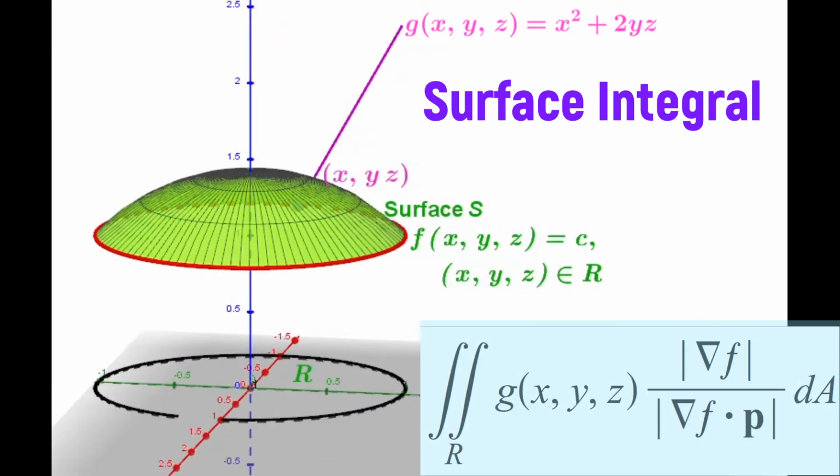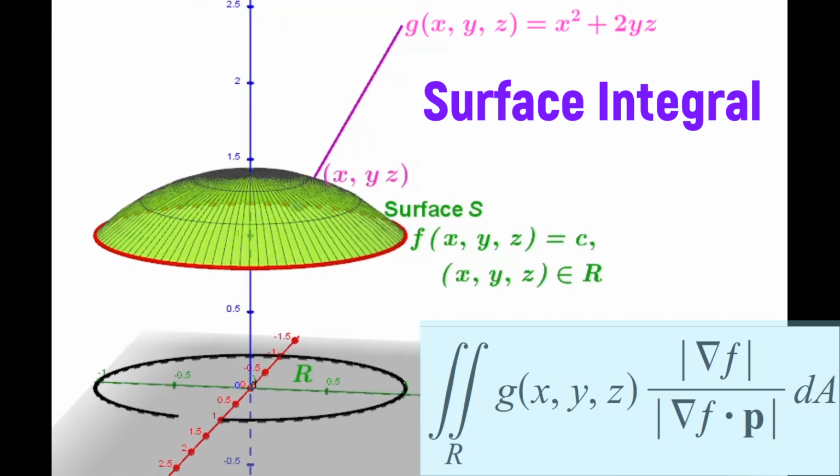It is defined by the double integral over the region R of g of xyz times the magnitude of the gradient of f divided by the magnitude of the gradient of f dot unit vector p, dA, where unit vector p is a unit normal to the region R, and we also assume that grad f dot p is not equal to 0.